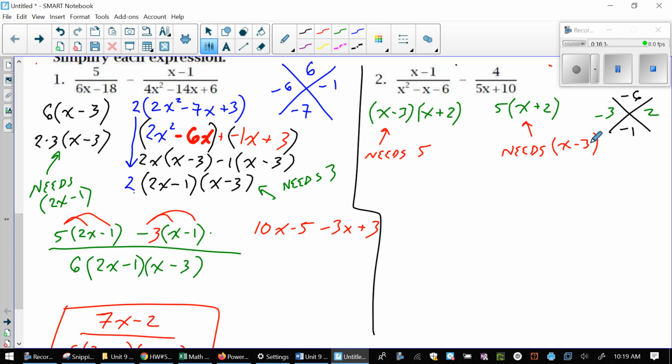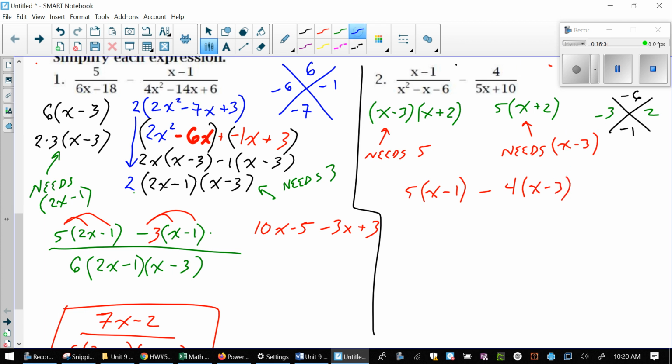So again, I'm going to go straight to my numerators and multiply. It's going to be 5 times x minus 1 in that first one, minus 4, that's this 4, times x minus 3, because that's what we had to multiply it by to get them to be the same.